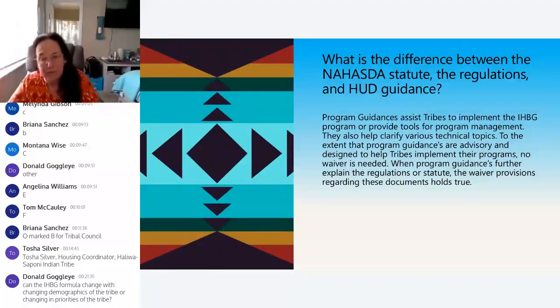They provide tools for program management, and they clarify various technical topics. They're advisory, basically. They help us implement our programs. There's no waivers needed. That program guidance will further explain the regulation or the statute. The waiver provision regarding those documents holds true.